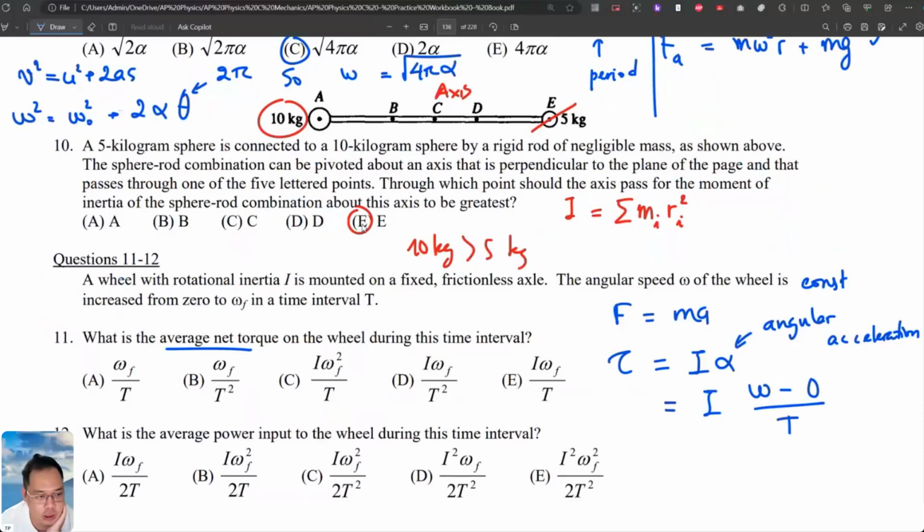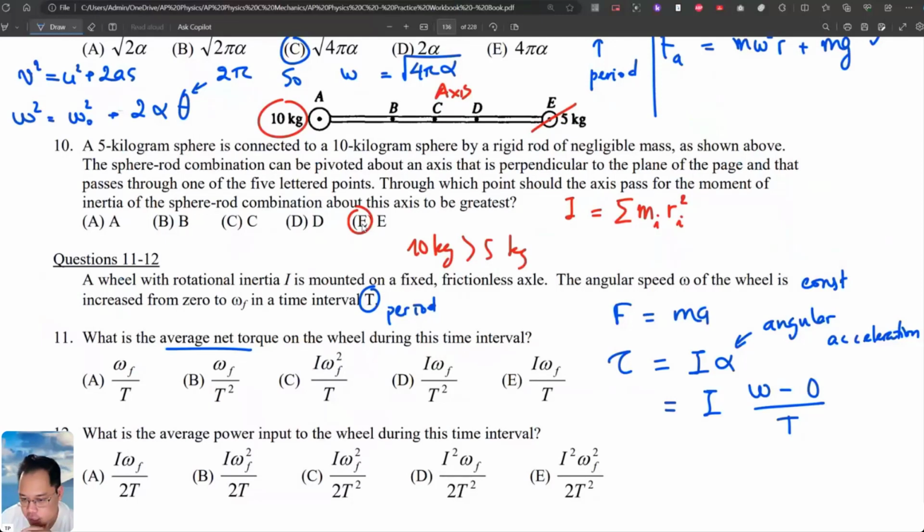And the torque, we don't know the torque. The time interval here is the period, not the torque. We don't know the torque here. Average net torque, we're calculating it.